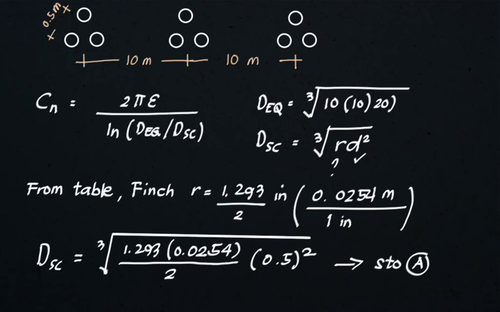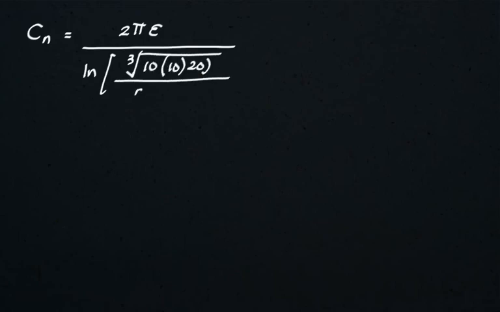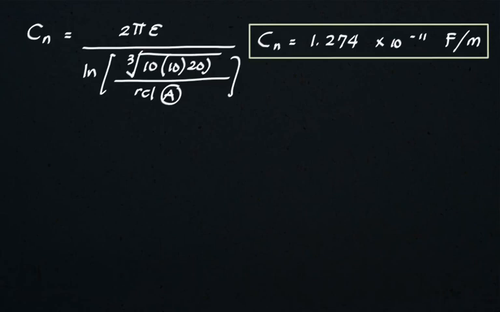For the meantime, I will just store it in the calculator so there's less rounding off later. Next, Cn is now 2 pi e. So what we do now is plug in all those, and then we get the capacitance to neutral in farad per meter.